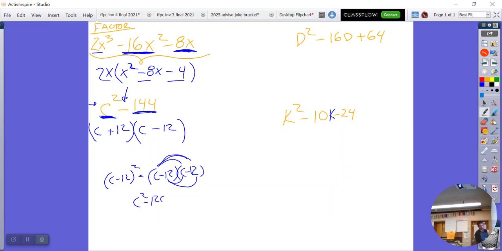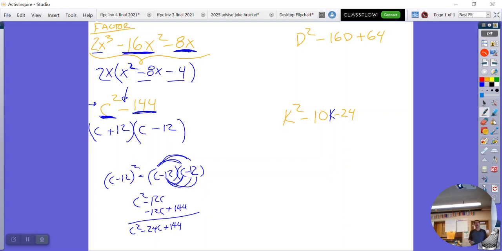So that's this one and this one. Negative 12 times c is another negative 12c. And that would be positive 144. So when I add these together, I would get c squared minus 24c plus 144. So no, they are not equivalent. Did I fully answer your question?